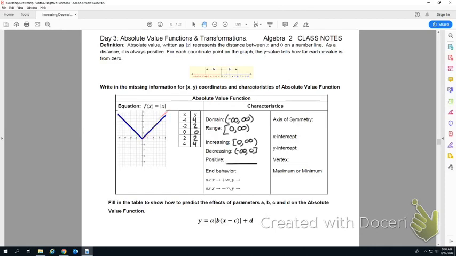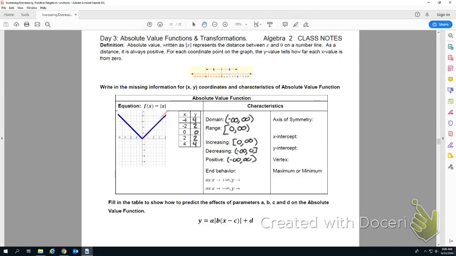Jake helps out. Always positive. Okay. You could put always positive. You could put all real numbers, negative, positive, whatever is saying that all of it is above the x-axis. Remember, we have a few graphs that have part of it below the x-axis. So that's where that would come into play.